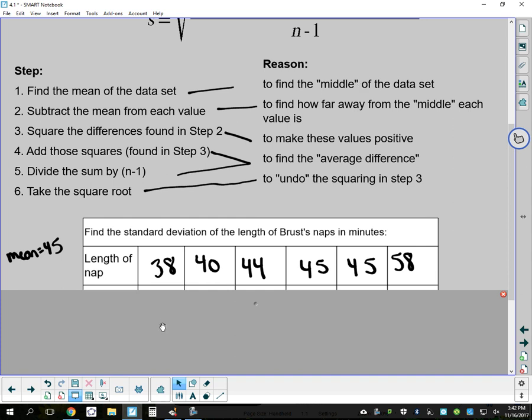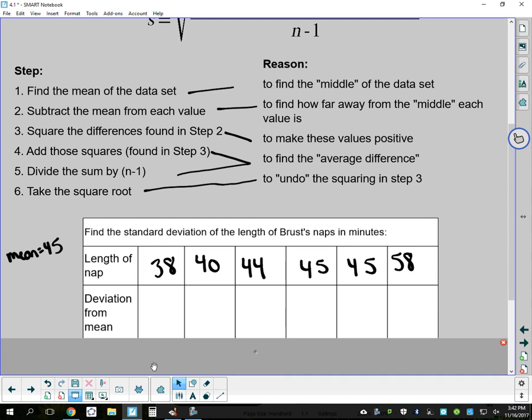Step 2, subtract the mean from each value. That gives you the deviation from the mean, how far away from the middle each value is. So be careful the order you're doing it. Subtract the mean from each value. So 38 minus 45.